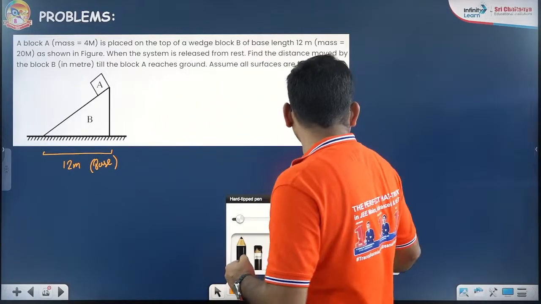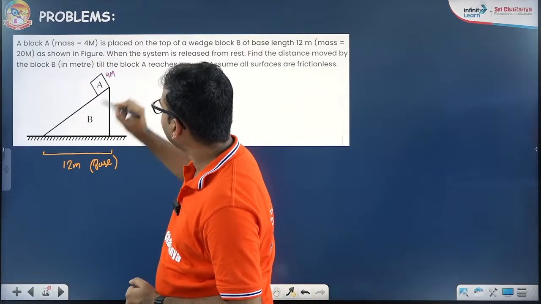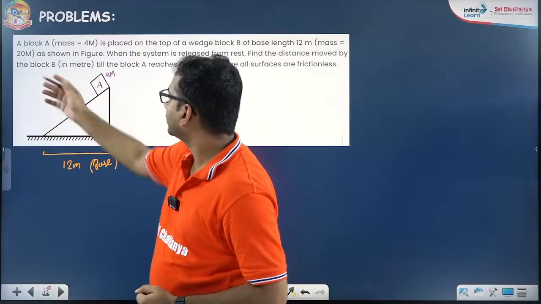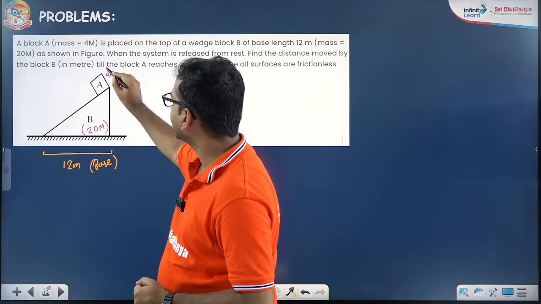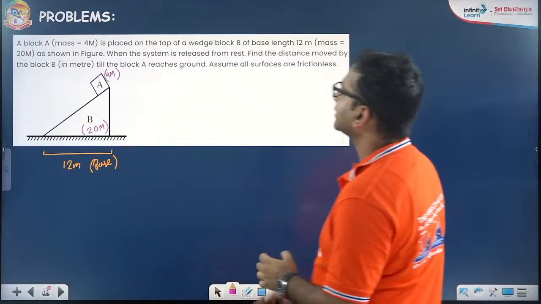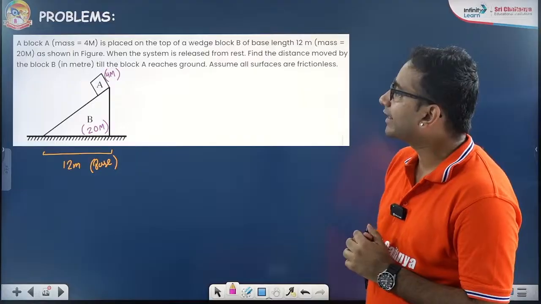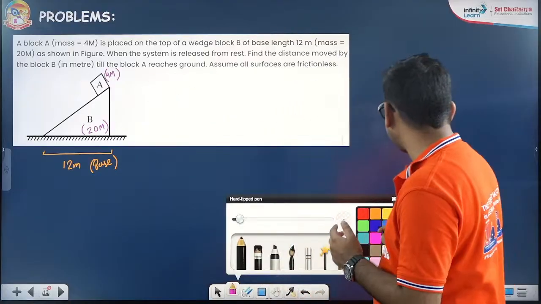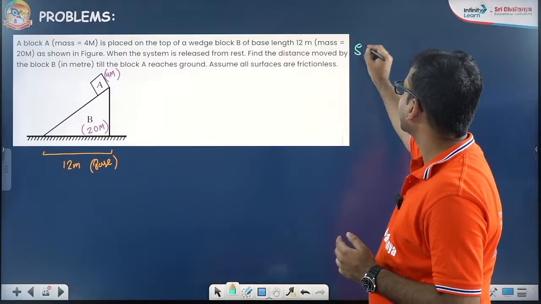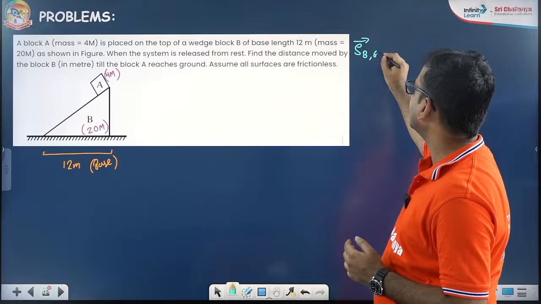The mass of A is 4m, and the wedge mass is 20m. When the system is released from rest, find the distance moved by block B till block A reaches the ground. So they are asking you the displacement traveled by block B with respect to ground.